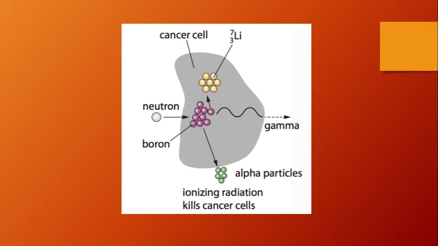The neutron is added, and the boron gets converted into boron-11, and it will decay into the non-radioactive lithium, as well as release alpha particles and gamma rays. The alpha particles will target the cancer cells because they are ionizing radiation.